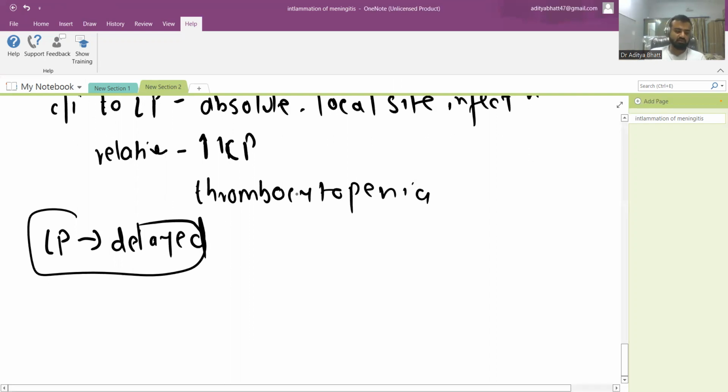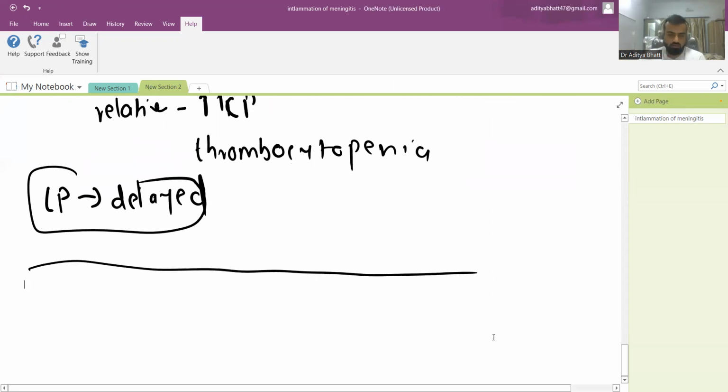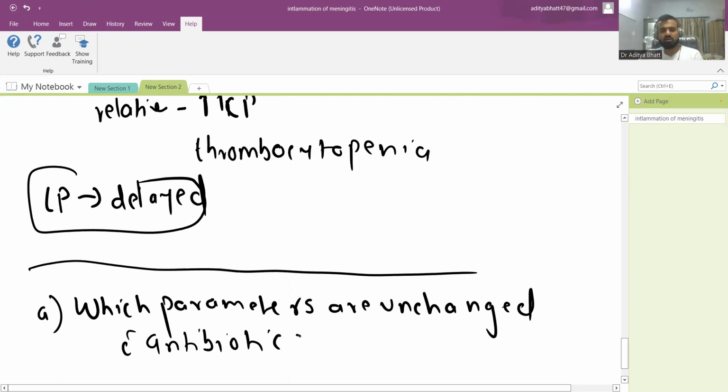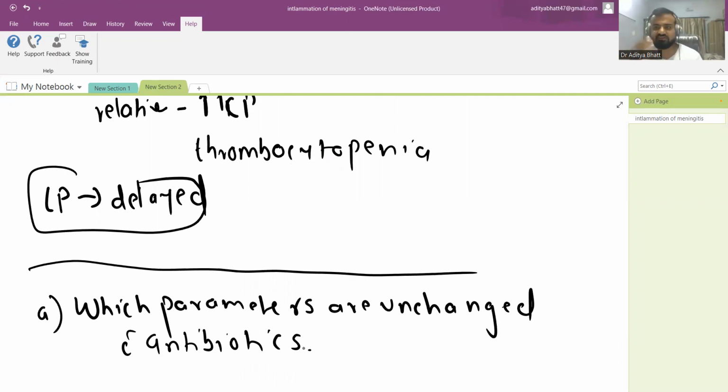Now, there are some important things that might be asked. What are the two questions that might be asked? First one is, which parameters are unchanged with antibiotics? So what happens is that you give antibiotics for 2-3 hours, and after that you do a gram staining of the CSF.